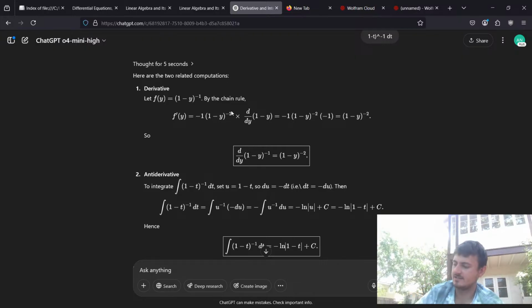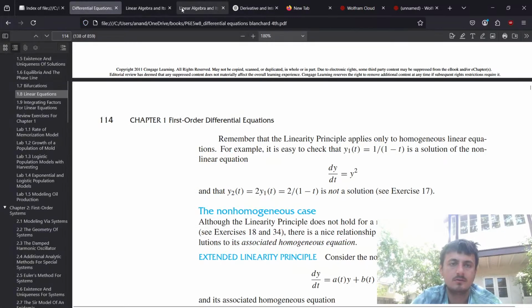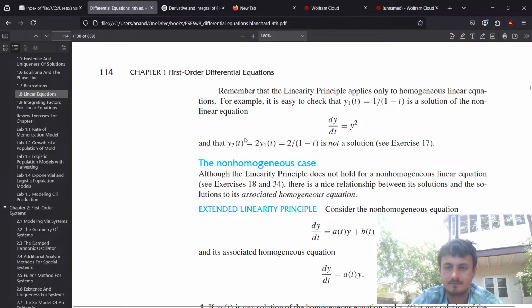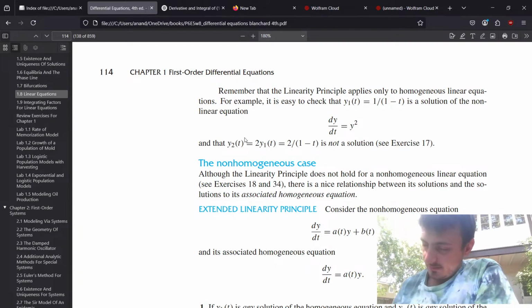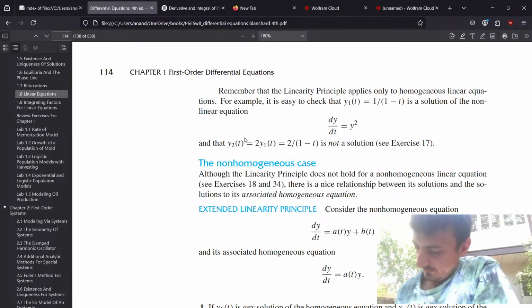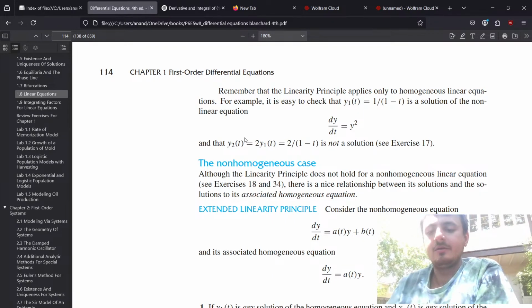Oh yeah, they cancel out. Okay, that's fine. So we're going to get 1 over (1 minus t) all squared. Oh yeah, and then, okay, all right, it works out.